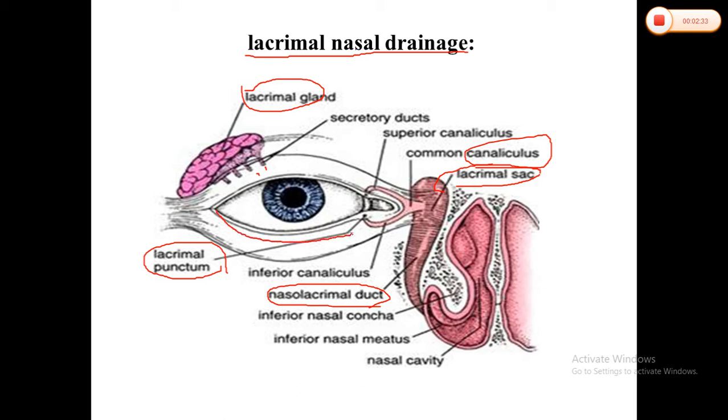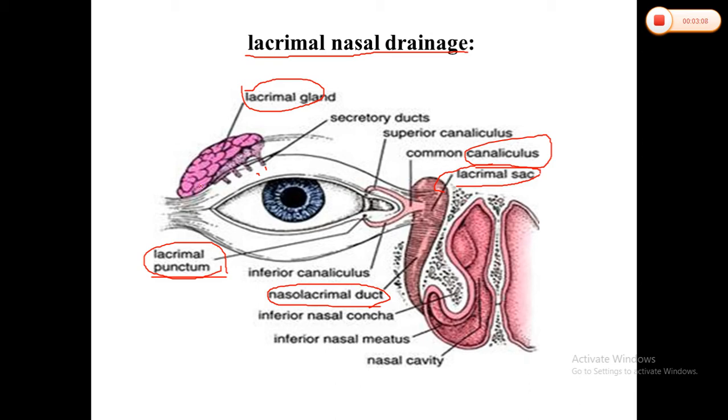These are our eyelids through which they are distributed all over the ocular surface, and then they are passed into the nose through the lacrimal drainage system with the help of the lacrimal punctum. So we'll see in detail what exactly the punctum does and how the drainage is carried out.